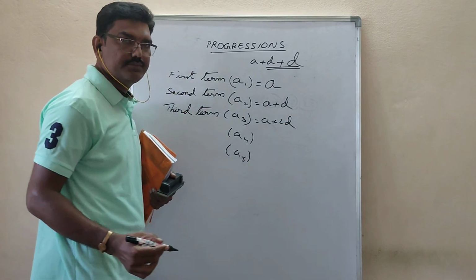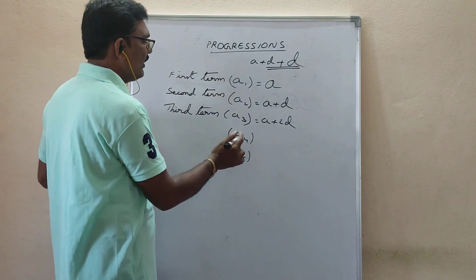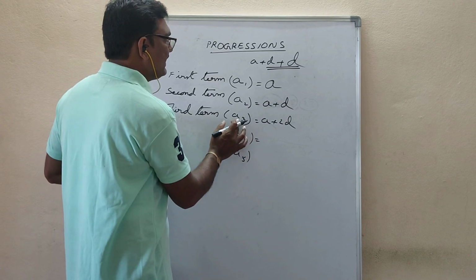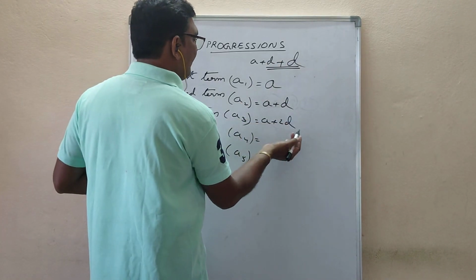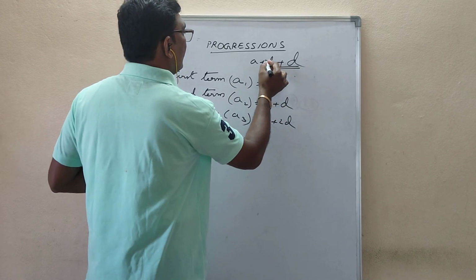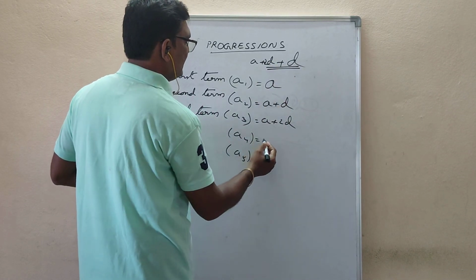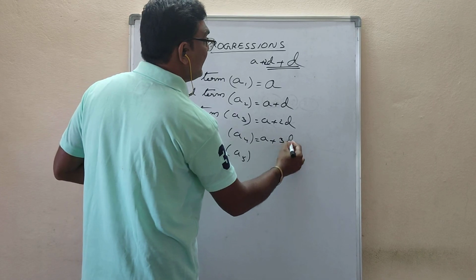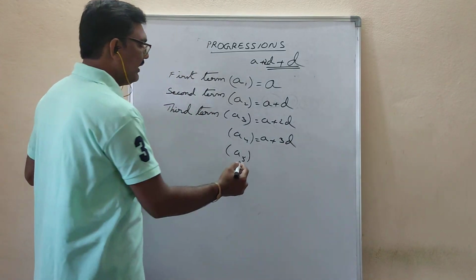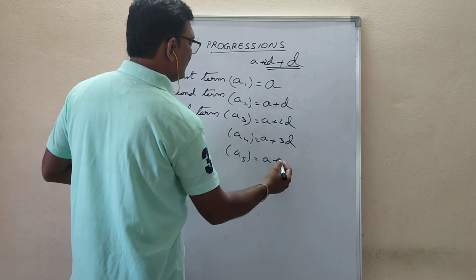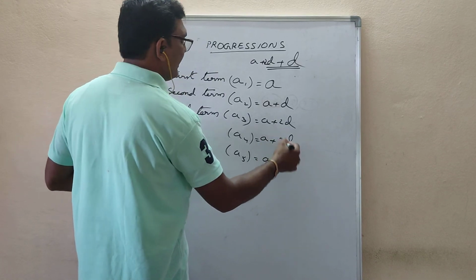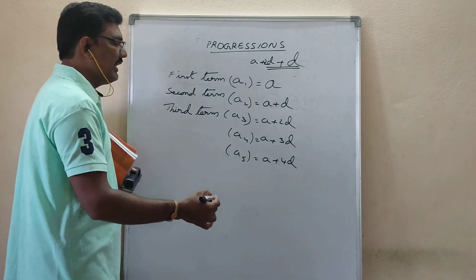Again, to get a4, for a3 you add the common difference: a plus 2d plus d gives a plus 3d. Again a5: a plus 3d plus d means a plus 4d. Like this you are getting the terms.